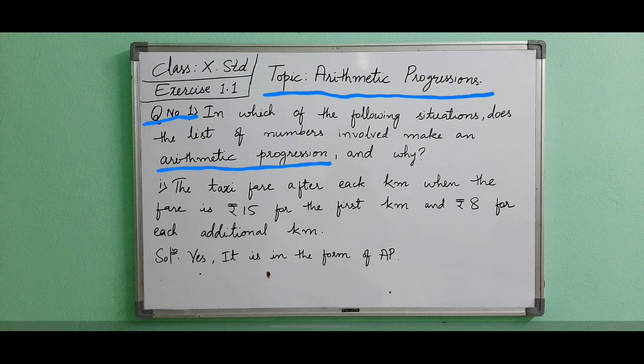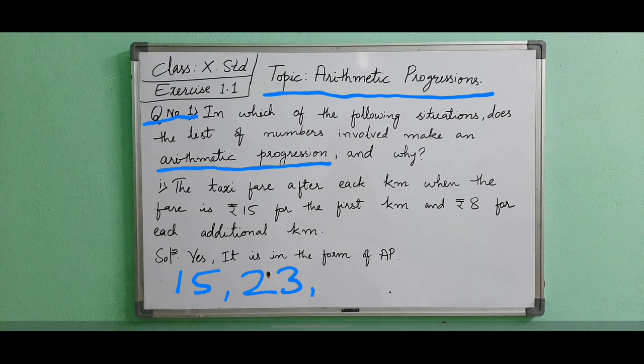The first one given is the taxi fare after each kilometer, when the fare is rupees 15 for the first kilometer and rupees 8 for each additional kilometer. So if at the beginning we are paying rupees 15 for the first kilometer, then for the next kilometer we need to add rupees 8 to 15. So 15 plus 8 is 23.